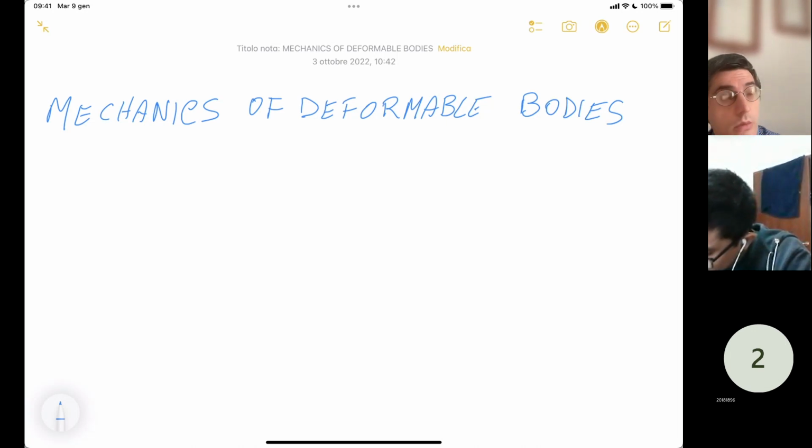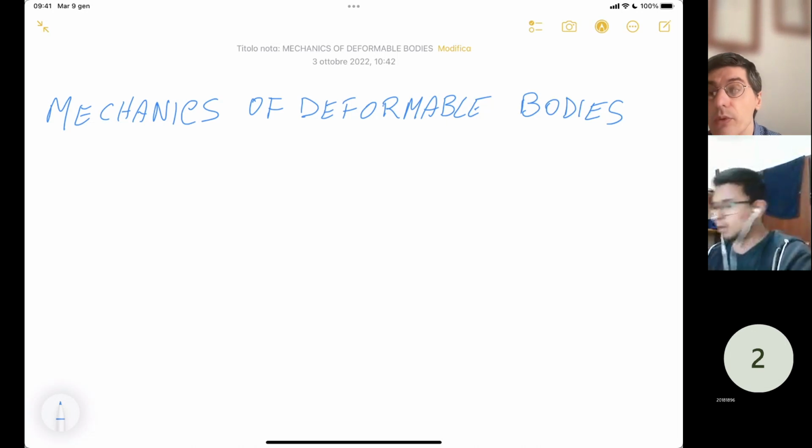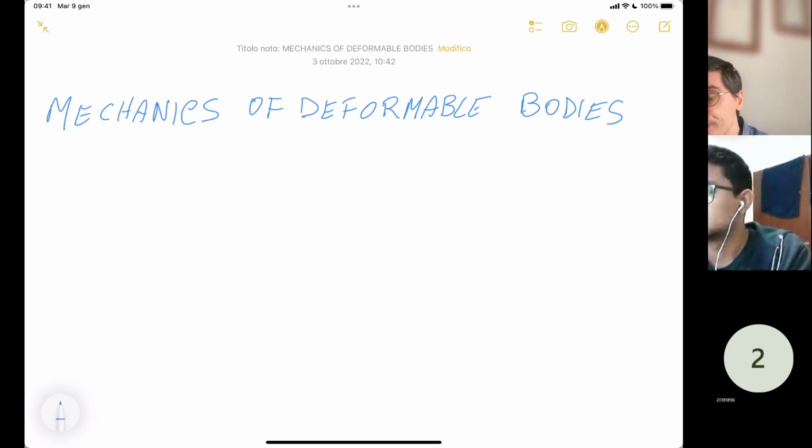So we deal mainly with solids, but of course, in Professor dell'Isola's course, you will also see some applications to fluids. And we will deal with mechanics.